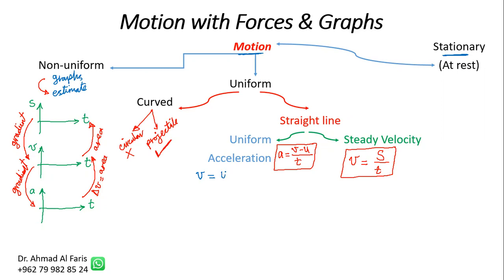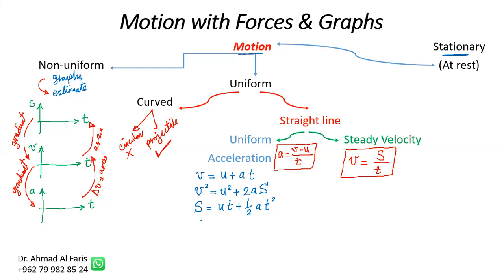So v equals u plus at. This is the first equation. Second equation, v squared equals u squared plus 2as.